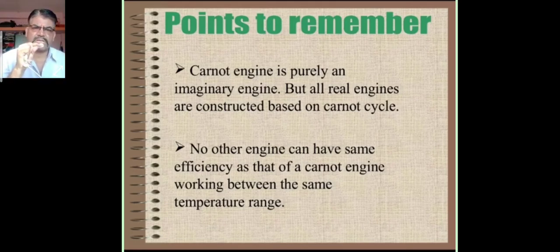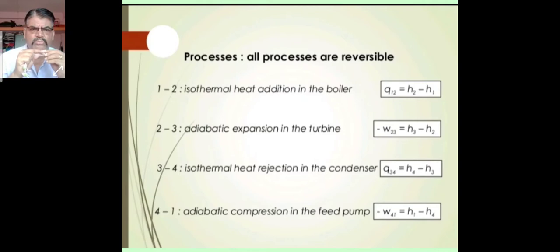It means the process becomes too lengthy. That is why in actual practice it may not be possible for the actual construction. But this is the theoretical cycle, and with this basic cycle, every other vapor cycle or gas power cycle is always compared. No other engine can have the same efficiency as the Carnot engine working between the same temperature range. These are the points to remember.